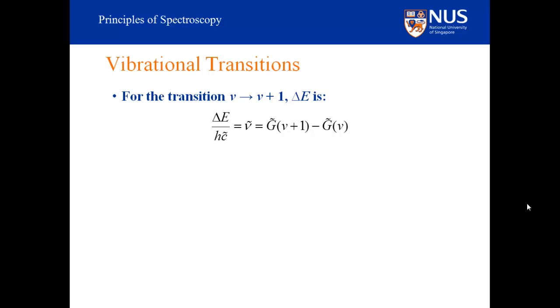Well, this will just be equal to the vibrational term for v plus 1 minus the vibrational term for v. So we just substitute in for the vibrational terms of v plus 1 and v. You can see that the v plus a half is going to cancel and we'll just be left with nu 0.